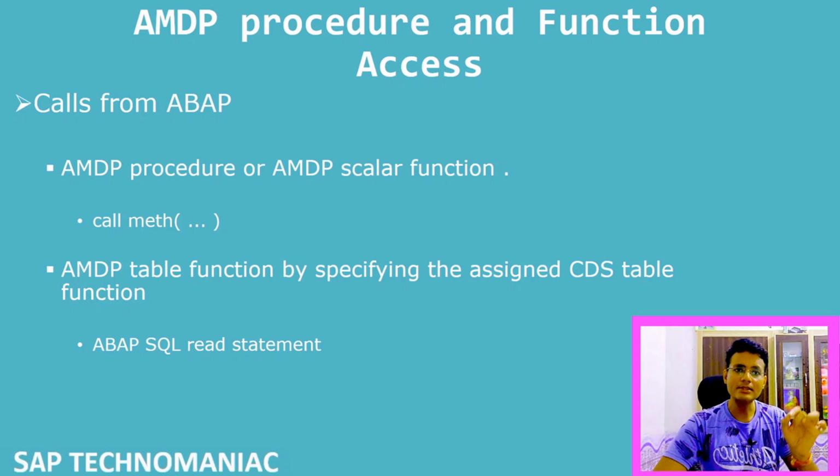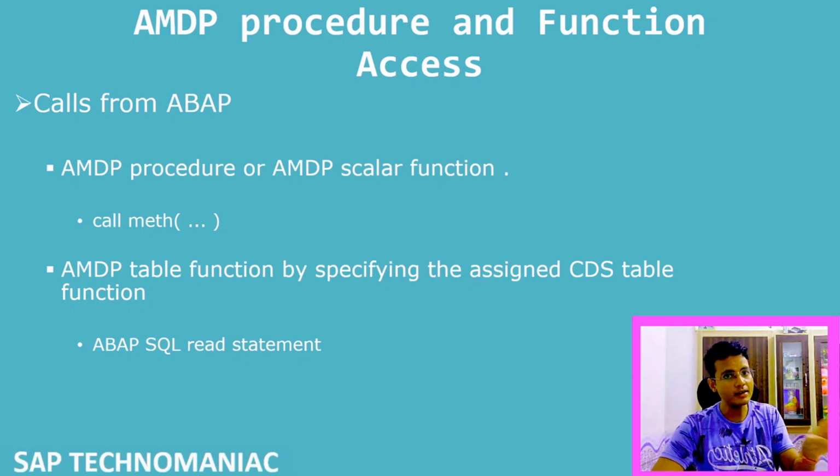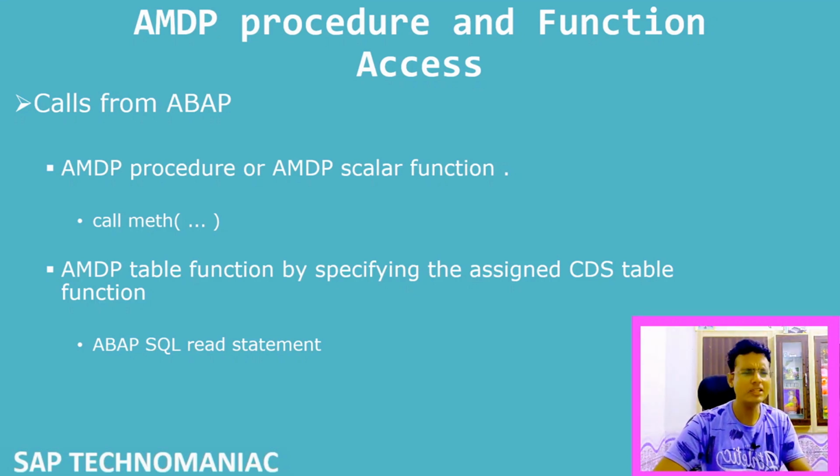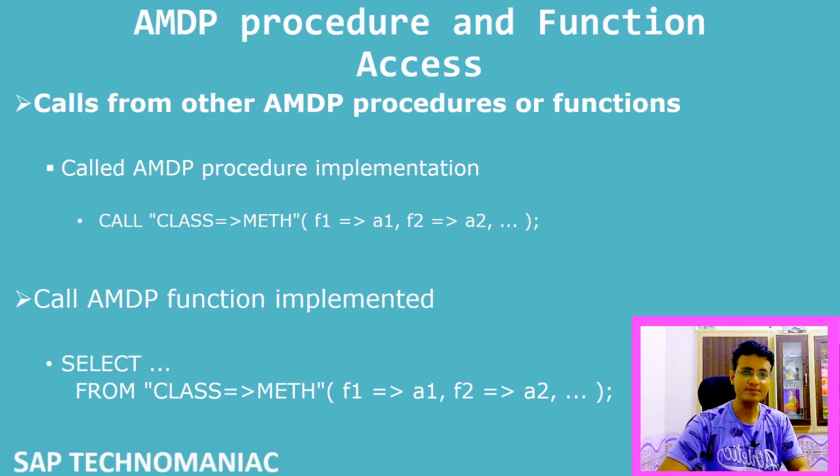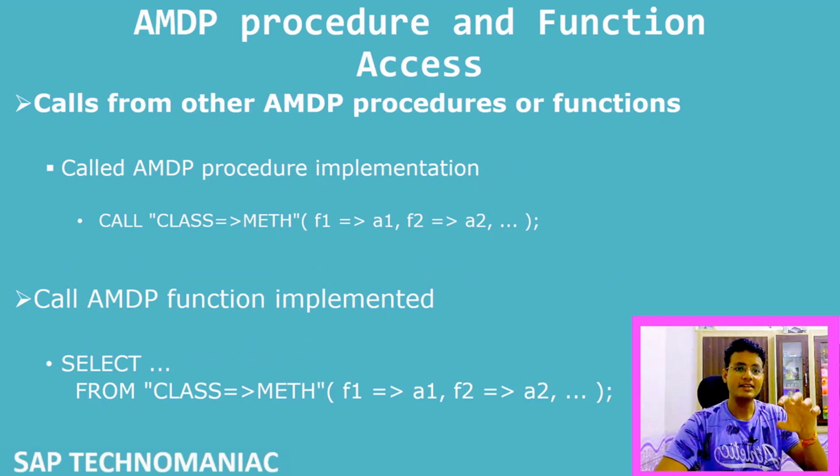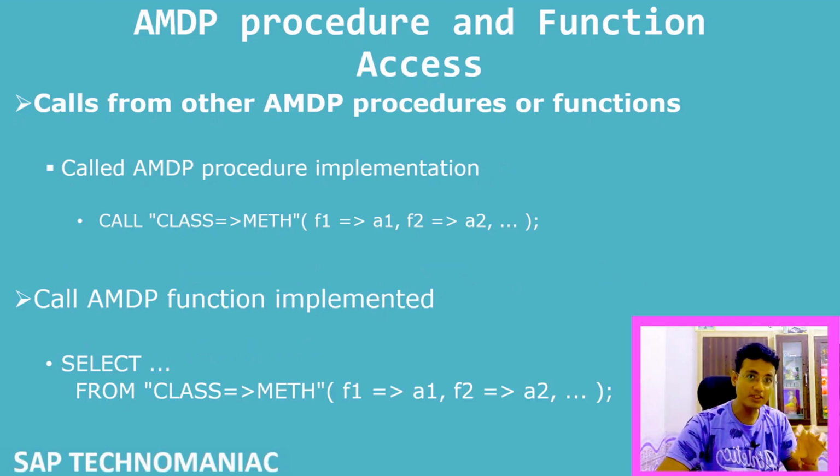When you want to access a CDS table function, you can access it directly in the read position of your SQL statement: instead of putting the table name, you just write your CDS table function name, and you can get the data from that CDS table function. That's very normal.